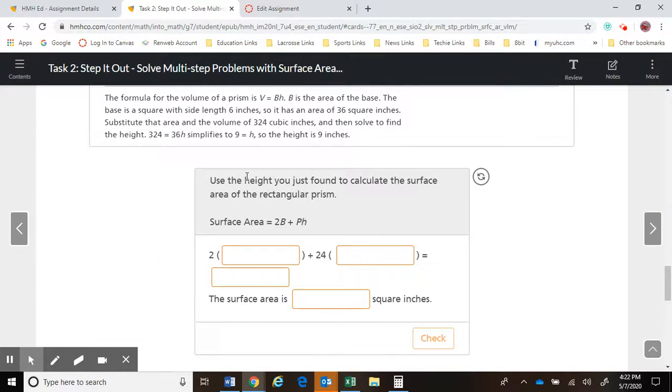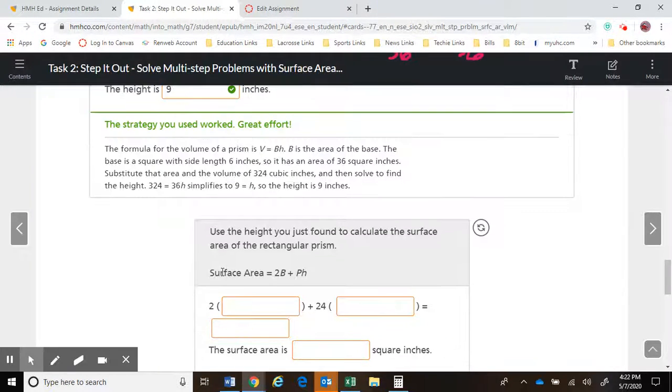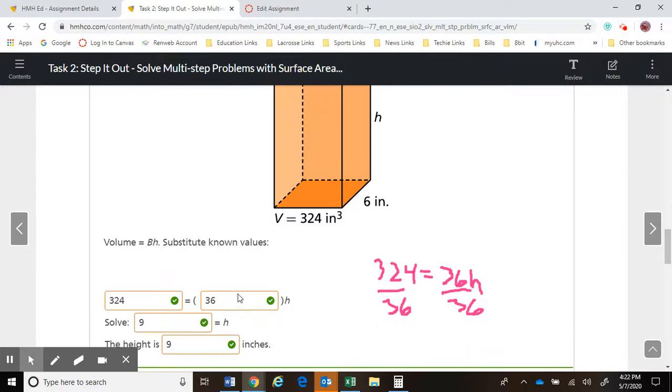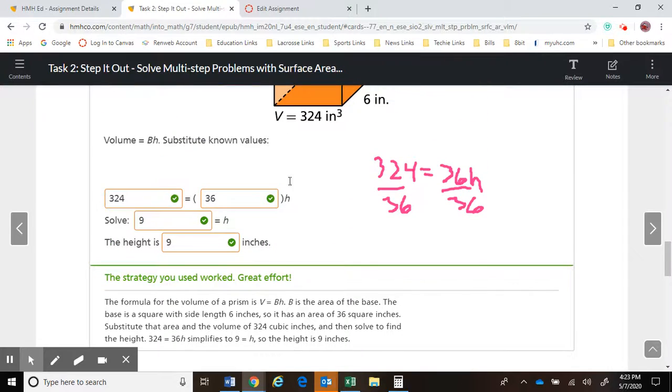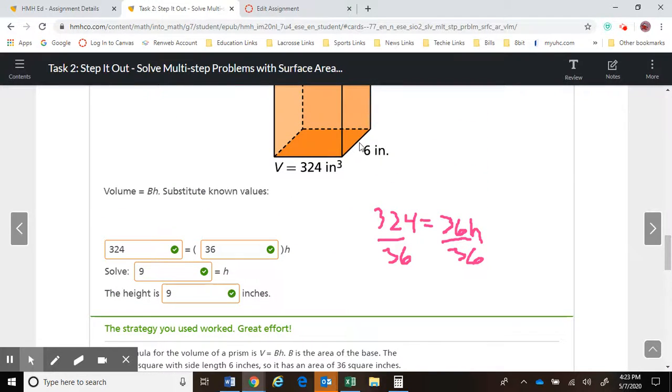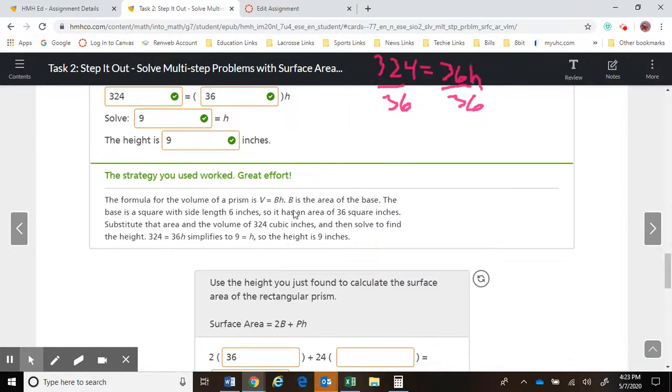All right, now use the height you just found to calculate the surface area. So remember, 2 times the area of the base plus the perimeter of the base multiplied times the height. So 2 times the area of the base. We've got 2 bases, they were each 36, right? 24 is my perimeter. How do I get that? 6 times 4, 6 plus 6 plus 6 plus 6.